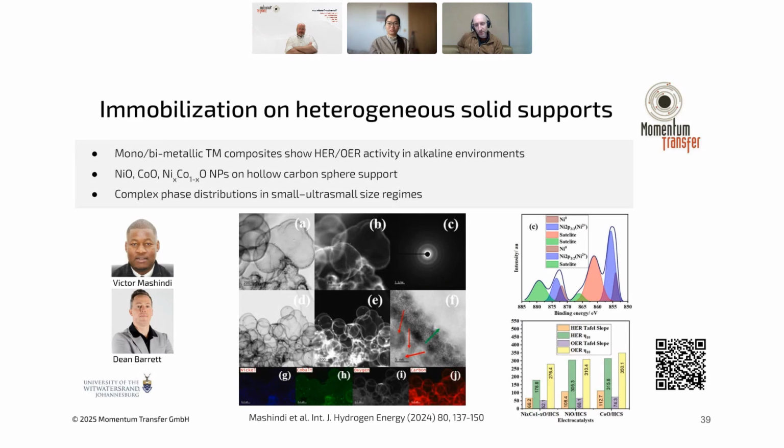And what we started with in trying to do more extensive structural investigation was these nickel oxide, cobalt oxide systems, and they're depositing these metal and metal oxide nanoparticles onto hollow carbon sphere supports to keep them from reaggregating. And they get some really quite interesting performance, particularly with hydrogen evolution reactions. But the goal is to understand why, so that they can continue to develop these.